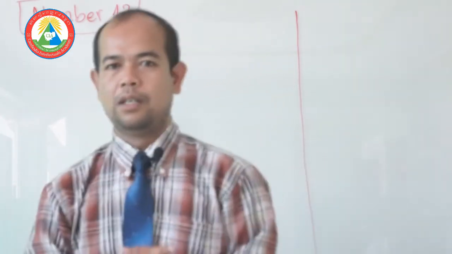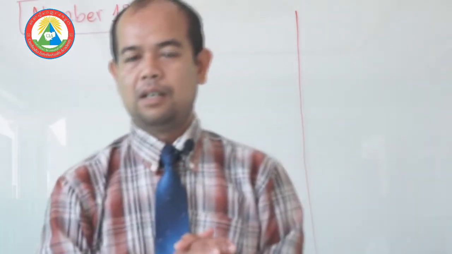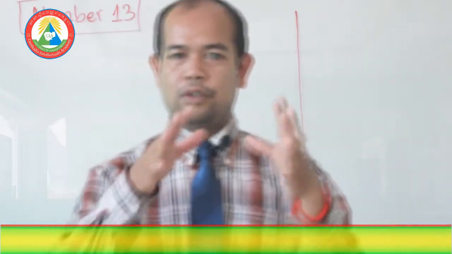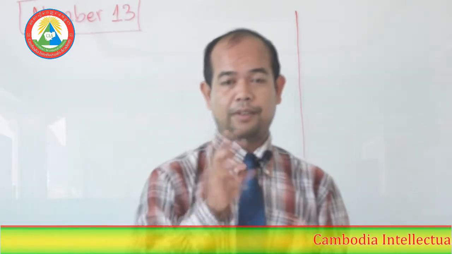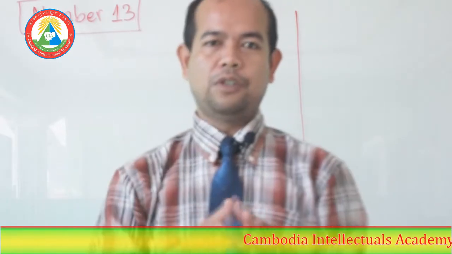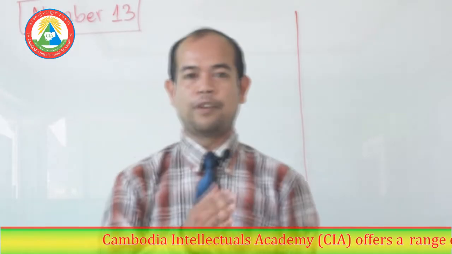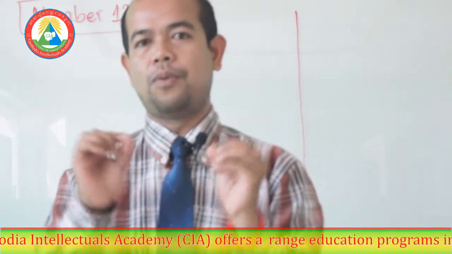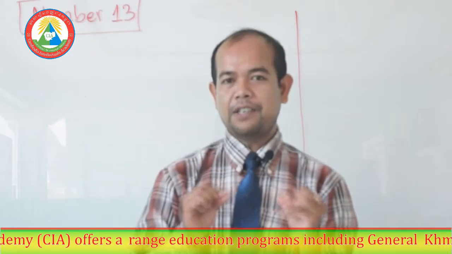The first one I will present how the number 13 looks like, and the second main point I will show you the quantities or amount of 13, and the third main point I will guide you to trace or write the number 13, and the last point I will show you how to write the number 13 as a word.